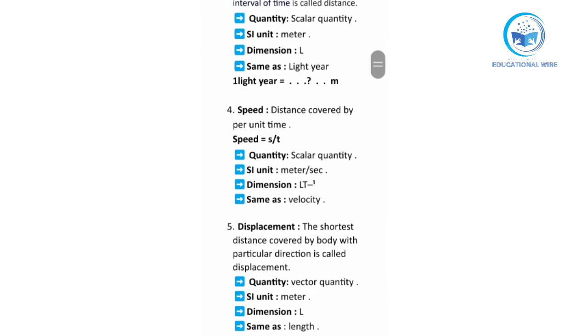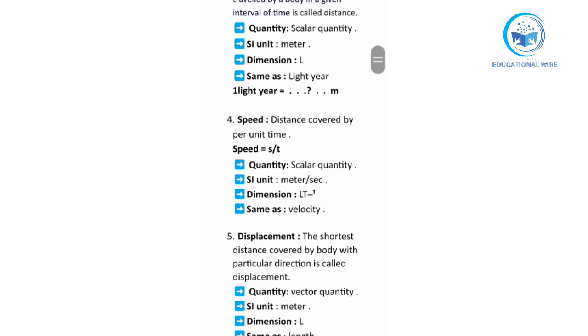Now distance, what actual distance is. The total path length traveled by a body in a given interval of time is called distance. Here is a simple definition of distance. We will understand it with the diagram.